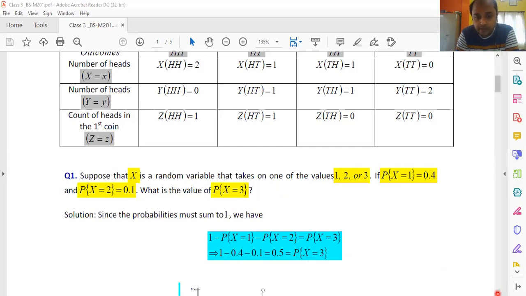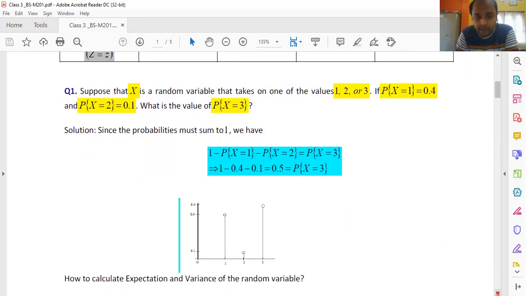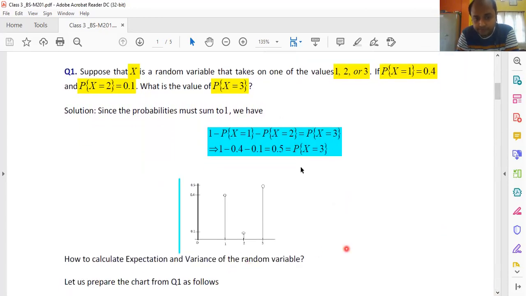Now I'm putting up a graph, and there I'm showing you what is happening over here. You see that I'm plotting the sample space on the x-axis and the probabilities on the y-axis. I'm marking the points 0.1, 0.4, 0.5, which are the probabilities, and the points which are outcomes 1, 2, and 3.